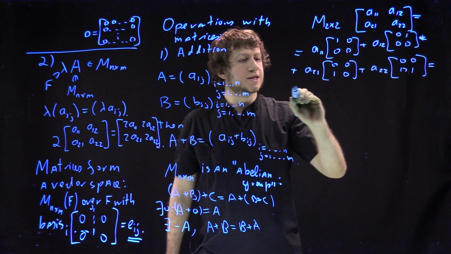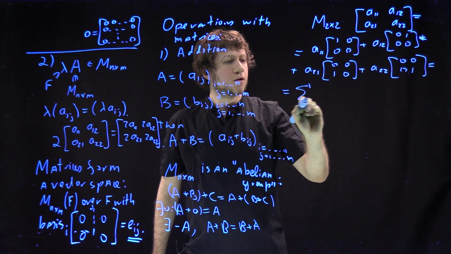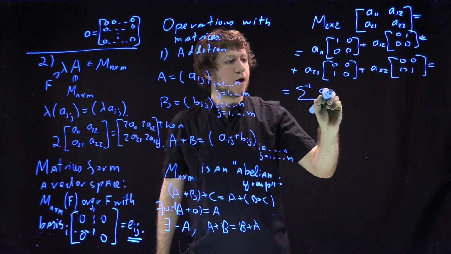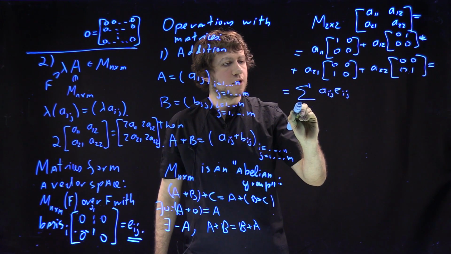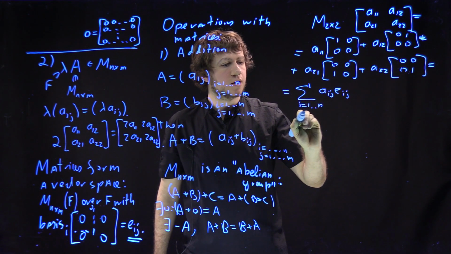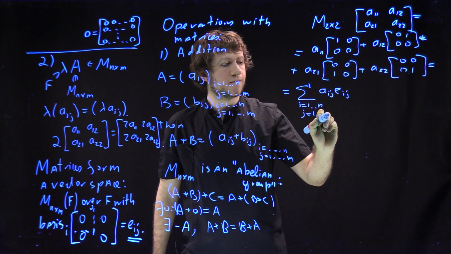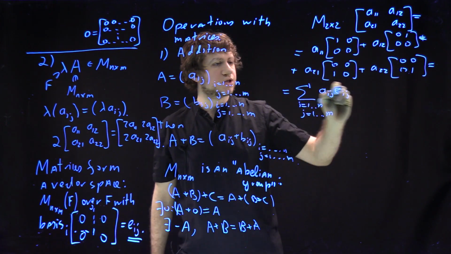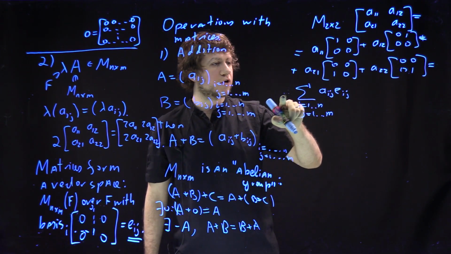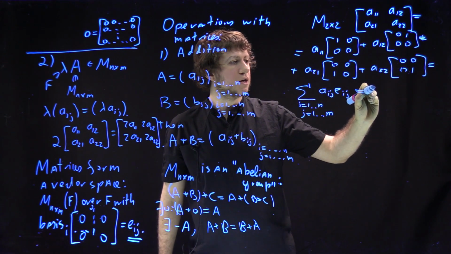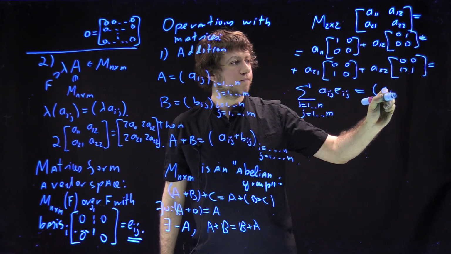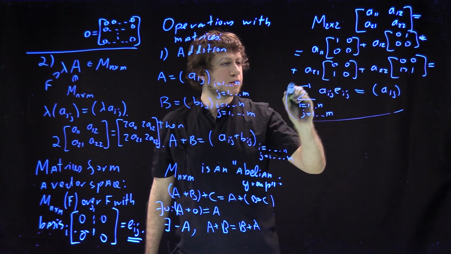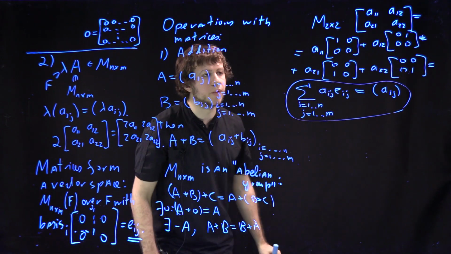And this just says that it is the sum of Aij Eij, where i goes from 1 to n and j goes from 1 to m. Here n and m equal 2, but in general this is true for every matrix Aij. You can write it down in this very concise form.